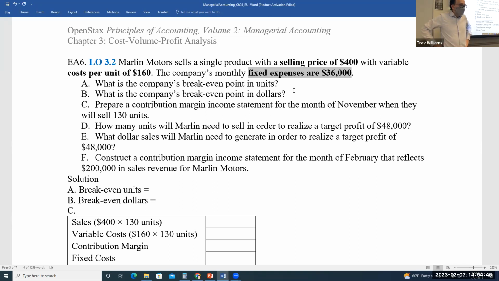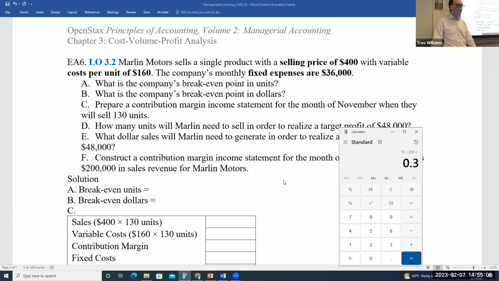All right, so for number 6, how do we find break even in units? Per unit, correct. So total fixed cost of $36,000 divided by contribution margin per unit. And what is the contribution margin per unit for this exercise? You're on the right track. 240, right?